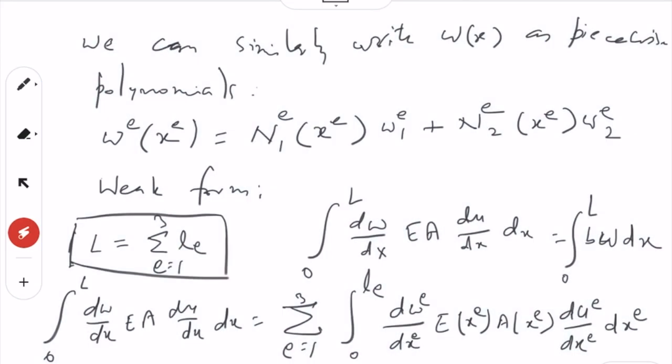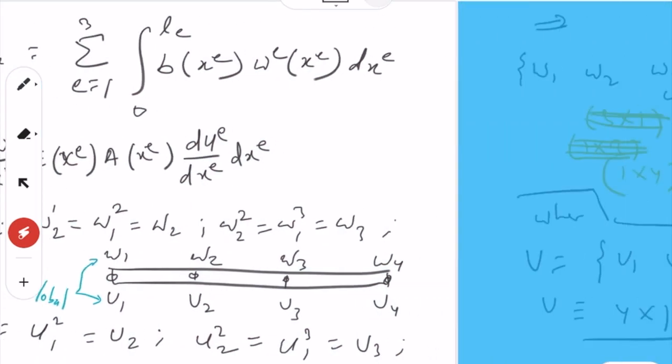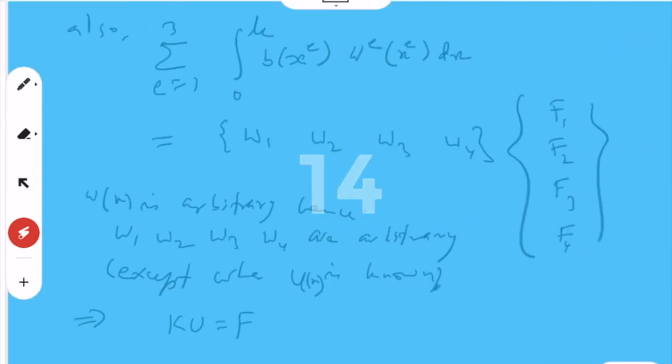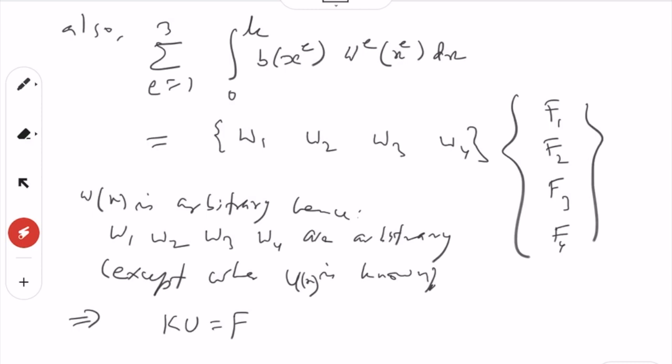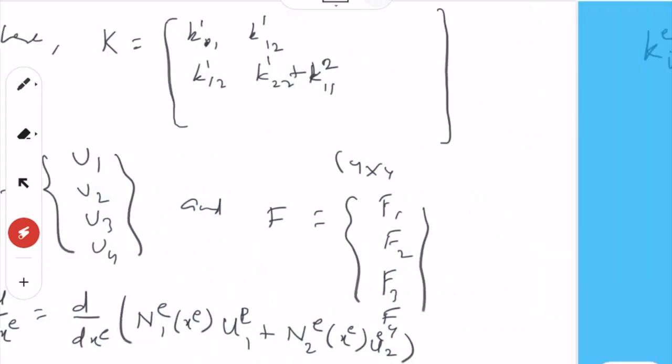See here, W also has N1, N2 terms. So, what we will get is basically f, you can write like this: f1, f2 and so on.